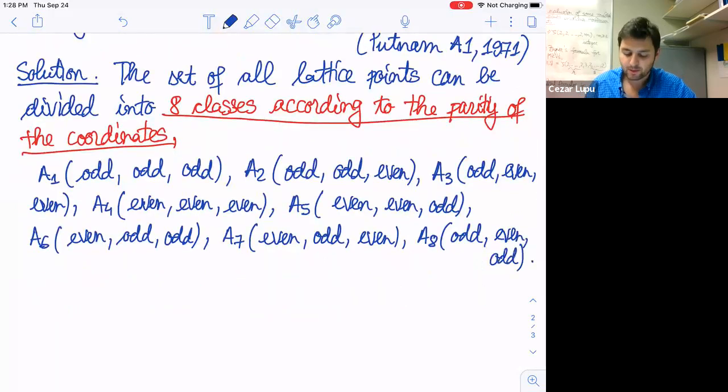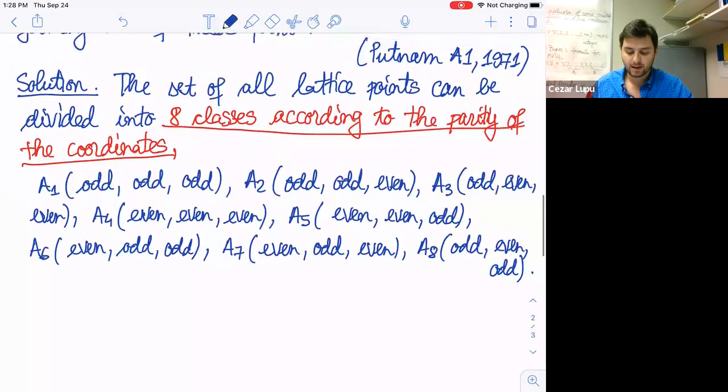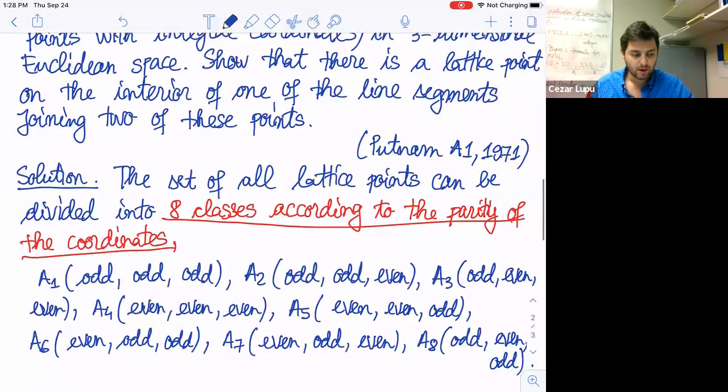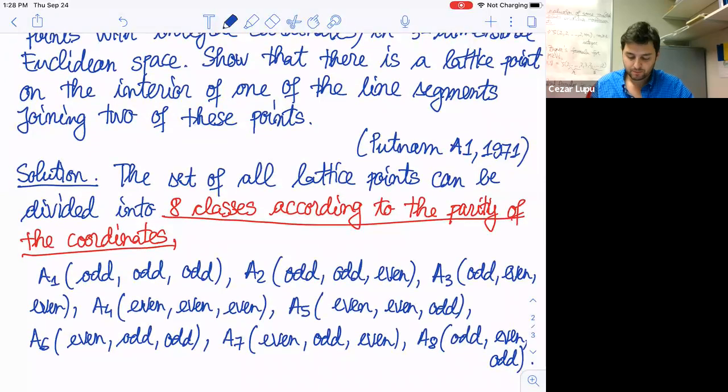All right. So these are the 8 classes of points, right? Or maybe I shouldn't have put A1, A2 here, but that would be confusing.